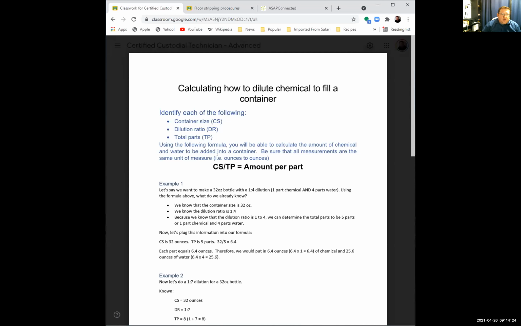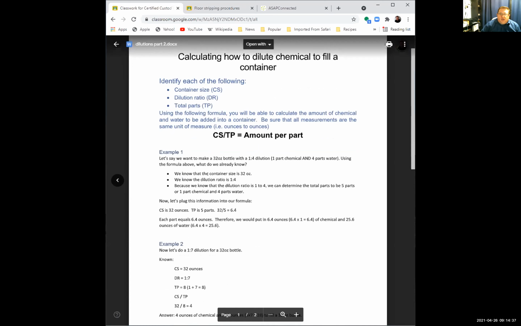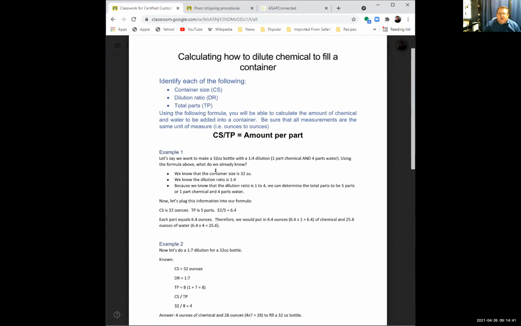So for example, let's use the example that was in our test on the ISSA basic course. The question in that test asked if we had a 32-ounce bottle and using a dilution ratio of 1 to 4, how many ounces of chemical and how many ounces of water would we need?